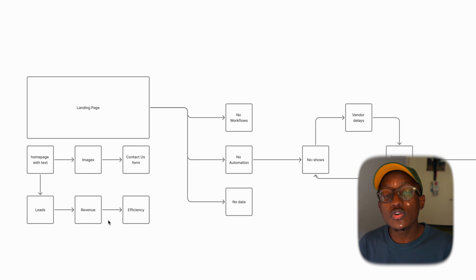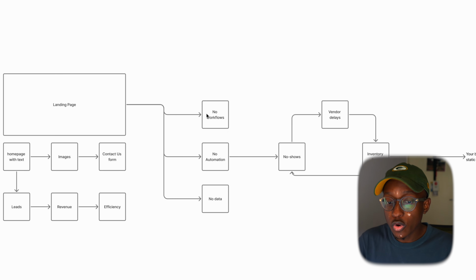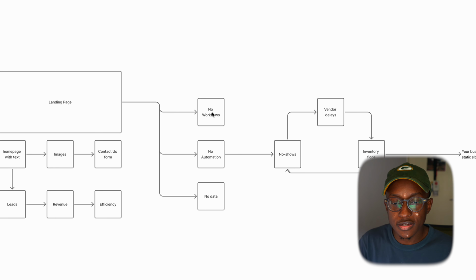But what you don't have by having a normal static site is one of these three main things, and these are super important if you want to really drive the system behind the website, because if you don't have these, you're not going to know where you can improve. And these three things are obviously, you have no workflow when you have a static landing site, because when you have a static landing site, you just churn out data.